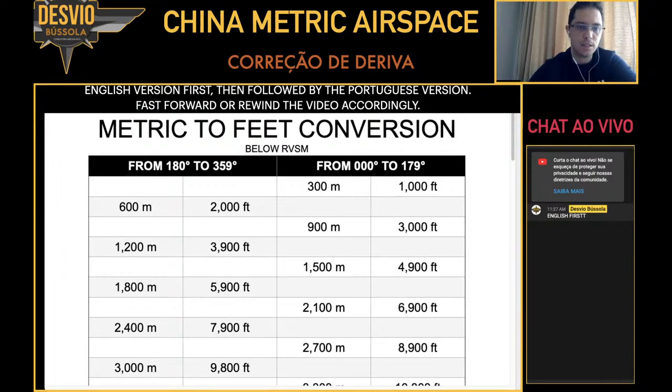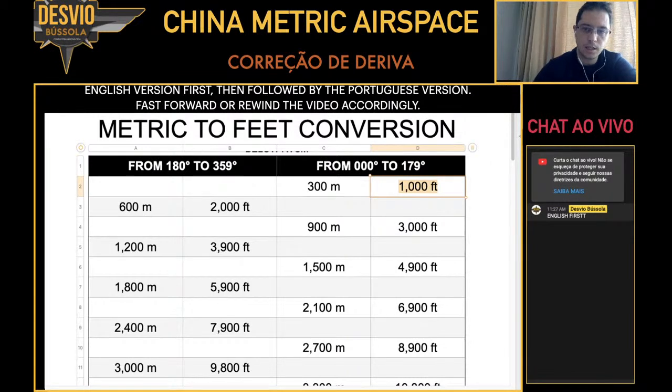If you're flying from the heading or the course 180 to 359, you will fly even altitudes, as you can see here, starting from 2000 feet, and on the right from north to 179 degrees you have the odd flight levels or altitudes starting from 1000 feet.